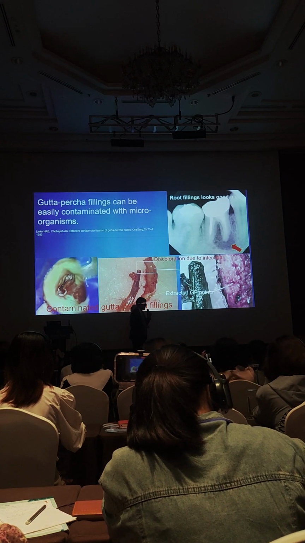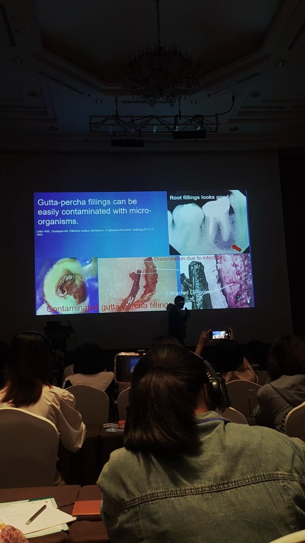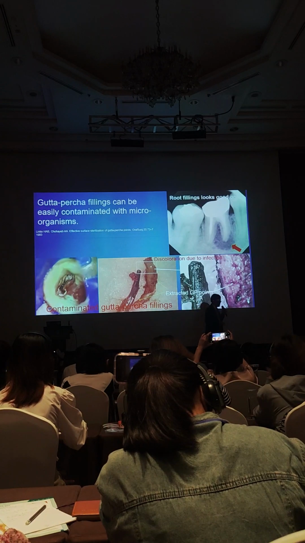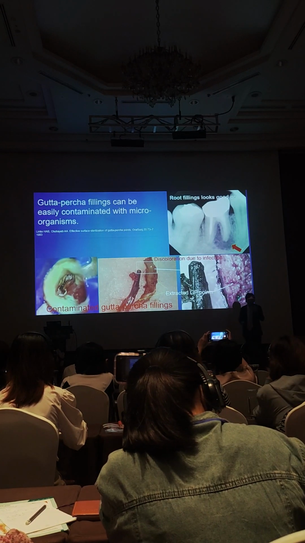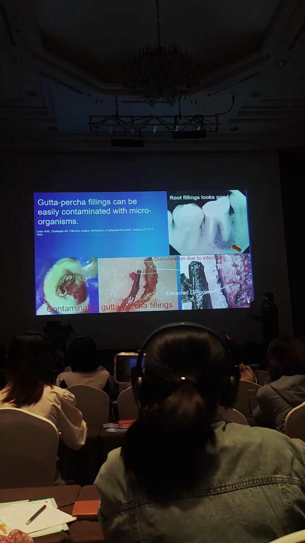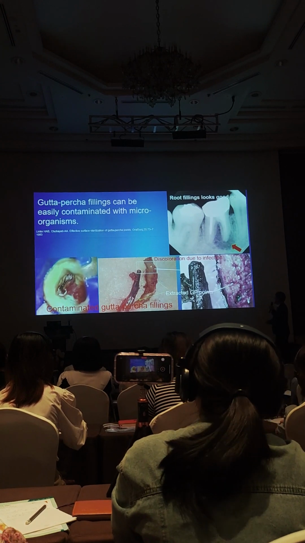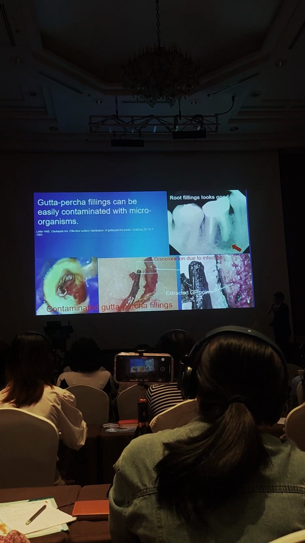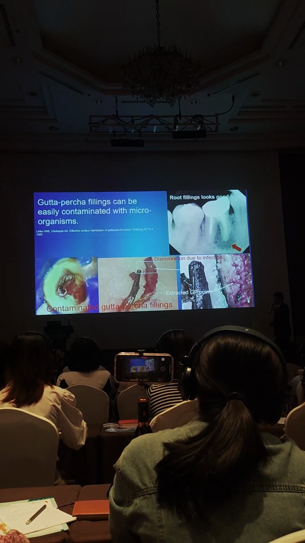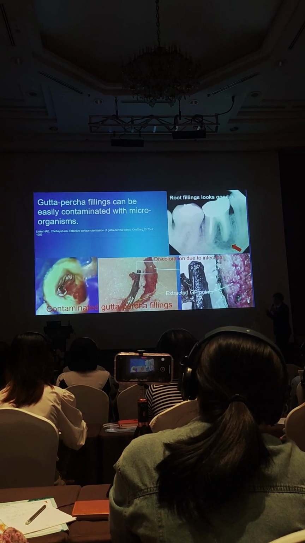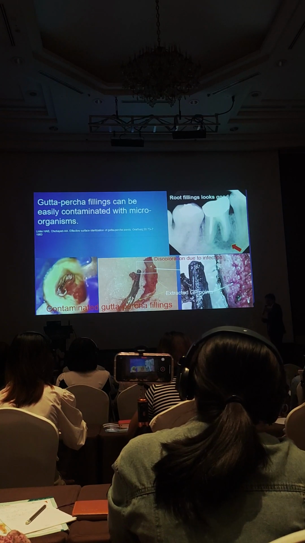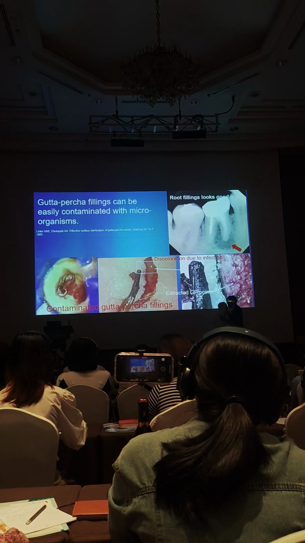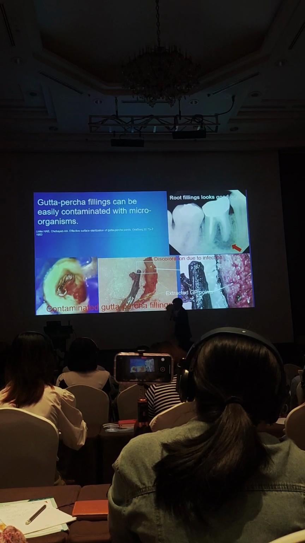90% of big, persistent periapical lesions have biofilm formation inside the root canal or even outside the root canal. But remember, 95% of the cases will heal if you remove bacteria from the root canal. 5% could be outside the root canal.